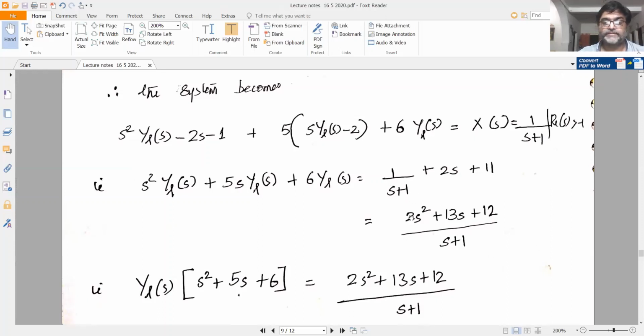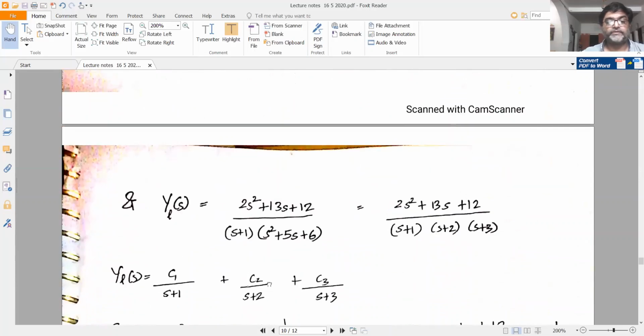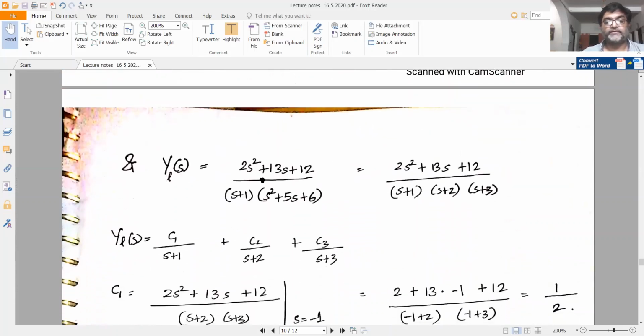You write this as 2s squared plus 13s plus 12 by s plus 1. So yl of s into s squared plus 5s plus 6 is equal to 2s squared plus 13s plus 12 by s plus 1. Or yl of s is equal to 2s squared plus 13s plus 12 by s plus 1 into s squared plus 5s plus 6.